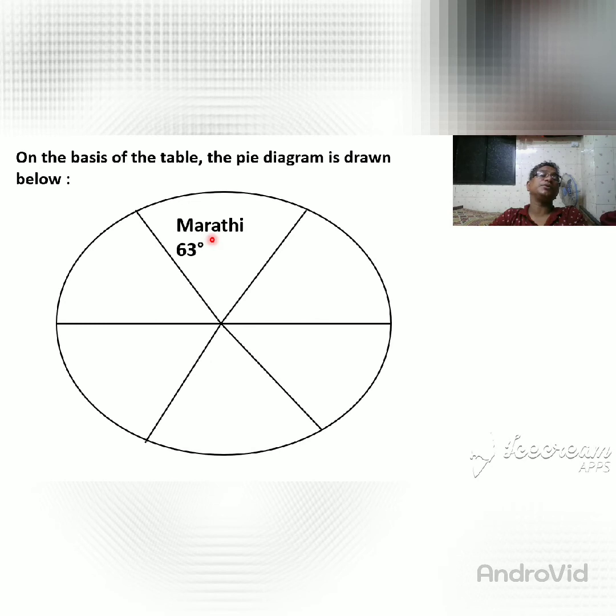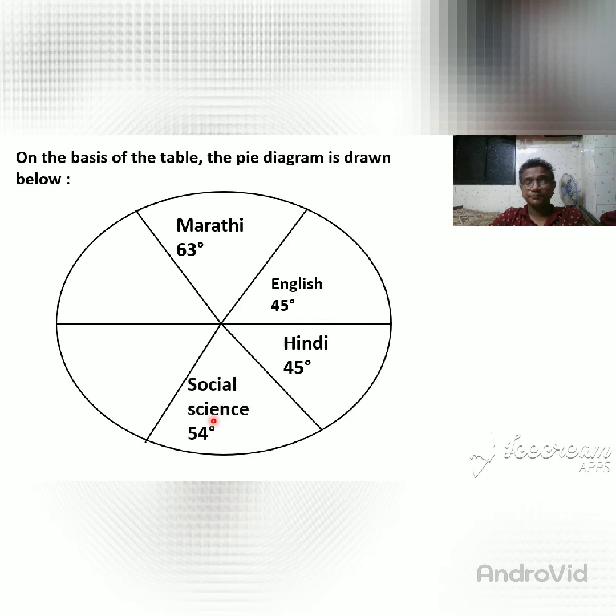See, it is Marathi subject 63 degrees, English subject 45 degrees, then Hindi subject 45 degrees, then social science 54 degrees, then mathematics 81 degrees, and the last subject remaining is science 72 degrees. Okay, in such a way we can draw the pie diagram.